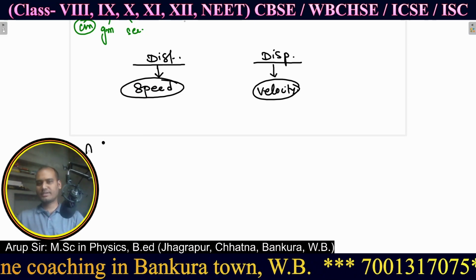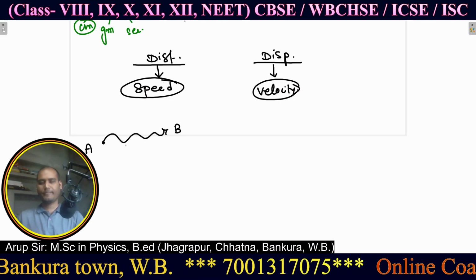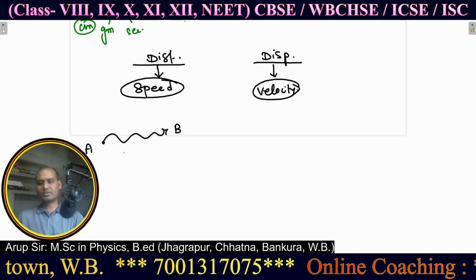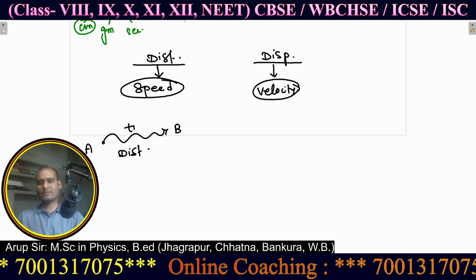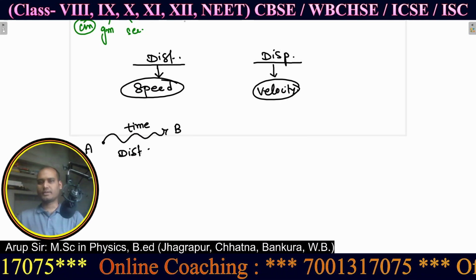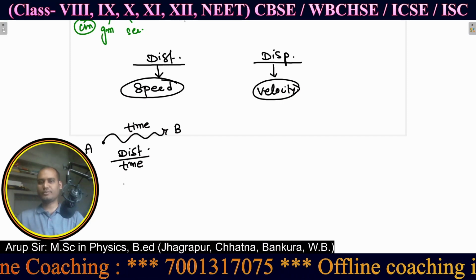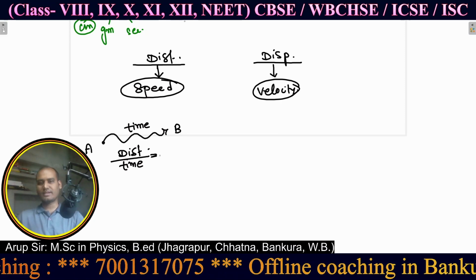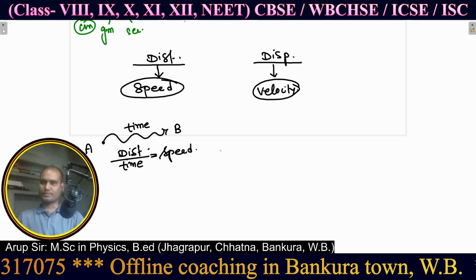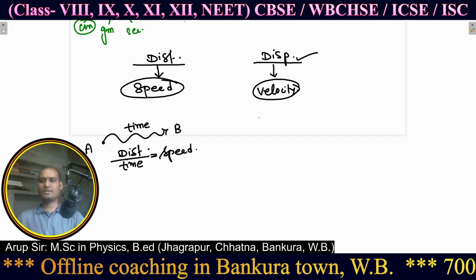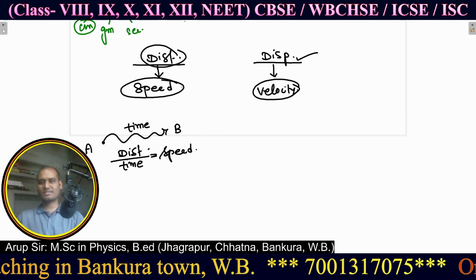It is moving from A to B, and if we know the total path length or total distance, then we divide by the time taken to go from A to B. Distance by time will give you speed, and displacement by time will give you velocity. Simple thing.